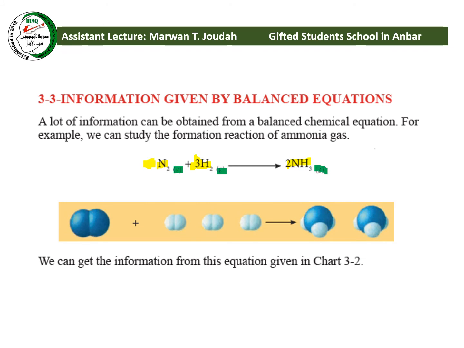The third one is the direction of the reaction. The direction of the reaction is toward the product. So these are the three things that we got out of this reaction. Now let's move to some points that we need to not memorize but to understand before we go further.